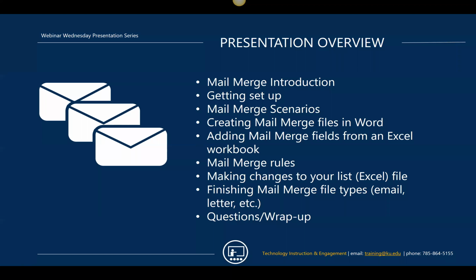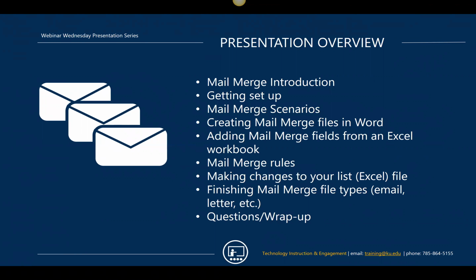Okay, so today we're going to be talking about an introduction to mail merge. We'll talk about getting yourself set up with your files to have mail merge work successfully. We'll talk about creating different types of mail merge files in Word and adding those fields from an existing Excel workbook of lists of information.